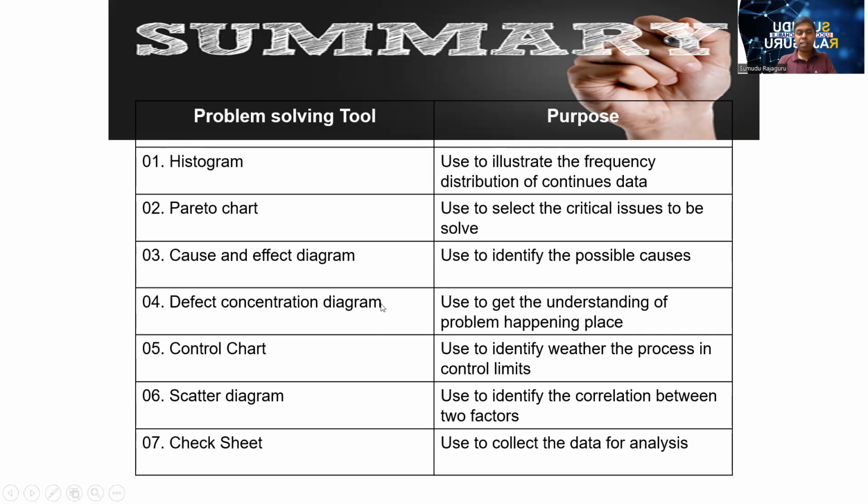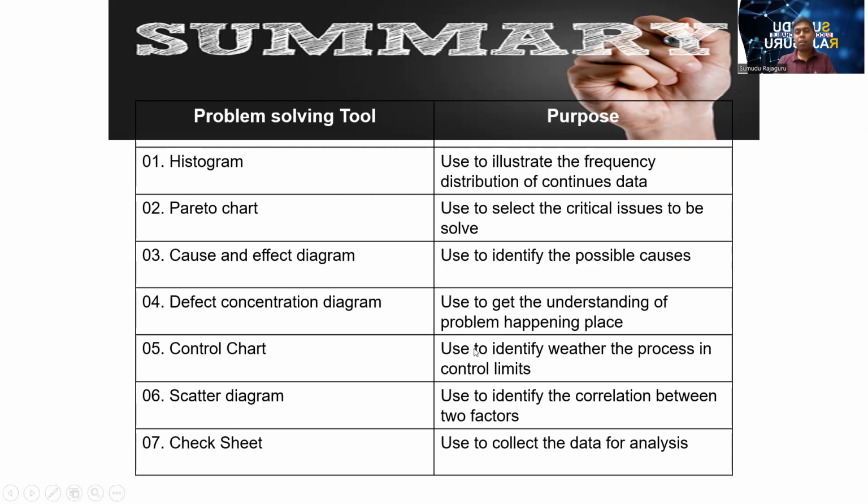Then the defect concentration diagram, used to understand where the problem happens. It is a visual illustration. Whoever needs to take action, within one snapshot, it will give the direction. Then the control chart, used to identify whether the process is in control or out of control.